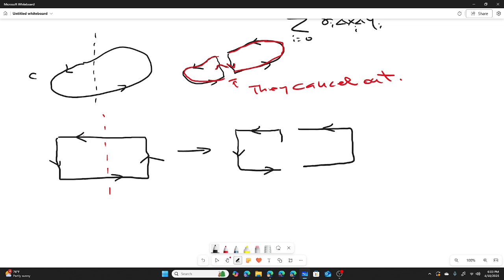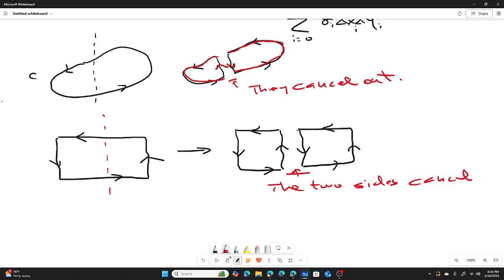We're gonna close this. This part on the right goes down, and this part goes up. Again, the two sides cancel.